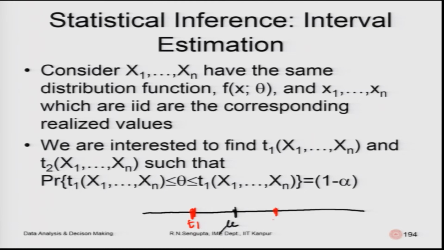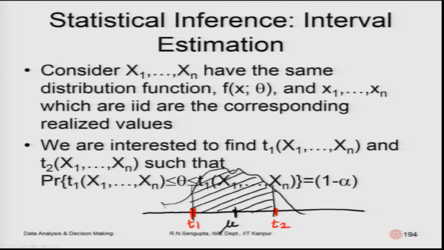T2 is a value on the right hand side, which is again a function of x1 to xn, such that the overall area, so consider any distribution, I am not drawing the normal case, any distribution which you have, such that the bound which I have would contain the mean value or the parameter value from the population with the probability of 1 minus alpha. So, this is the 1 minus alpha, the level of confidence we are seeing.